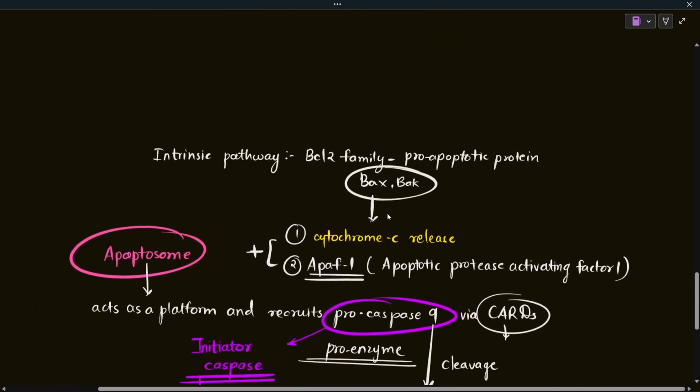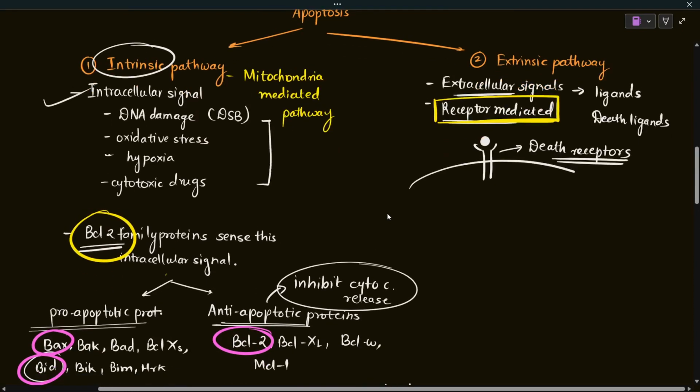Okay, let's now take a look at the extrinsic pathway. The extrinsic pathway is a receptor mediated pathway. There it won't directly release the mitochondrial protein, but it does ensure that whenever the extrinsic pathway is activated, it even activates the intrinsic pathway. We'll see how. Let's first learn about the extrinsic pathway.